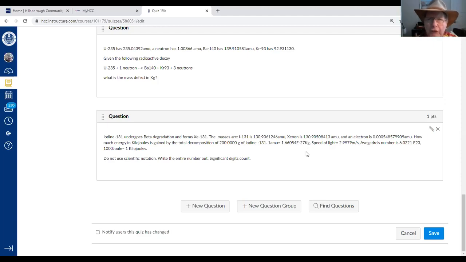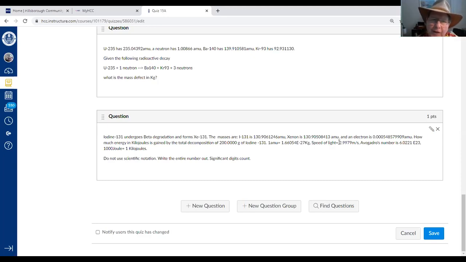Yep, because a joule is a kilogram meter squared per second squared. Then you multiply the kilograms by the speed of light squared. E equals mc squared.